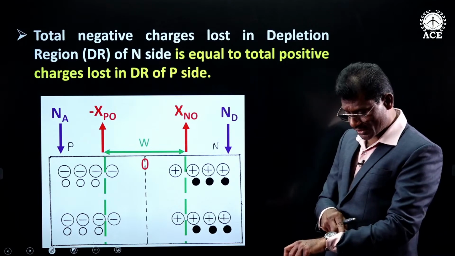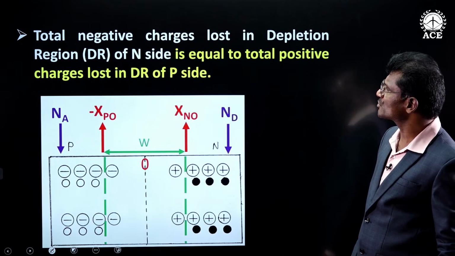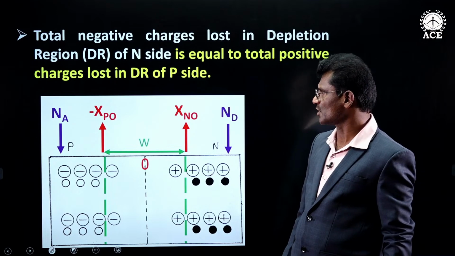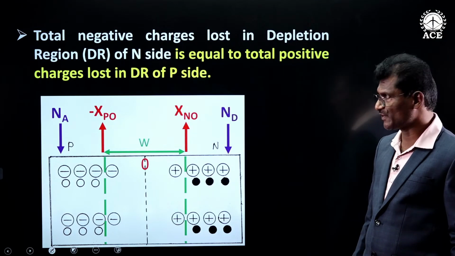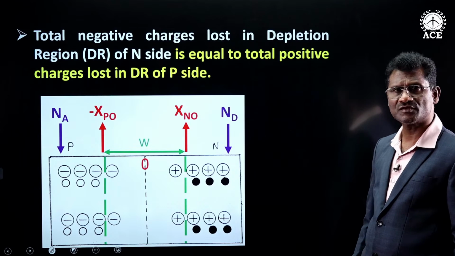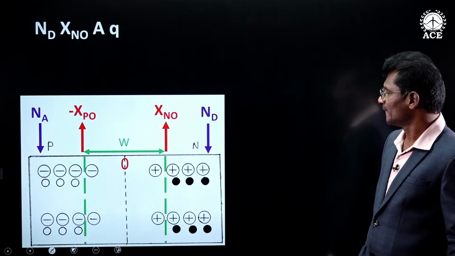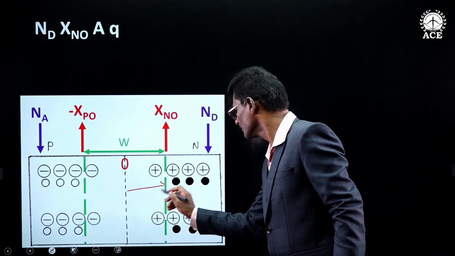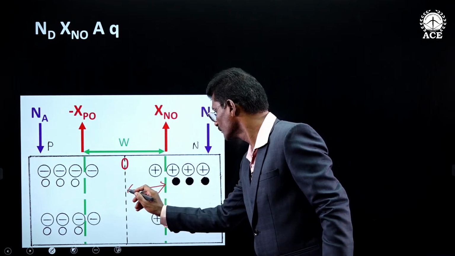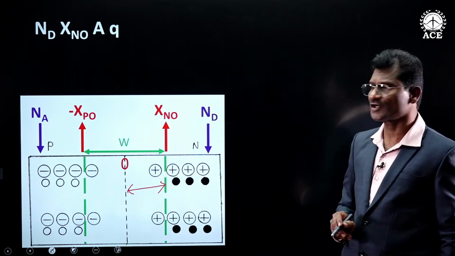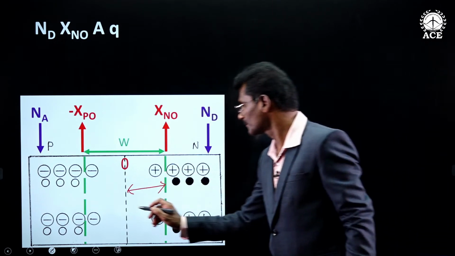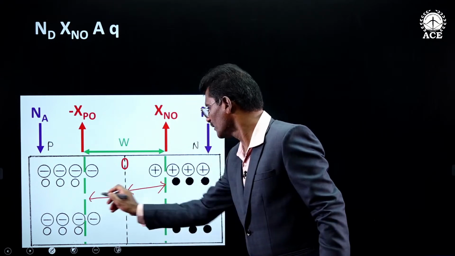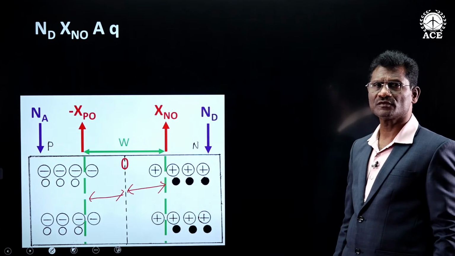Total negative charges lost in depletion region of N side is equal to total positive charges lost in the depletion region of P side. Let us see the meaning of this statement. Now, this is the depletion region of N side, and this is the depletion region of P side.